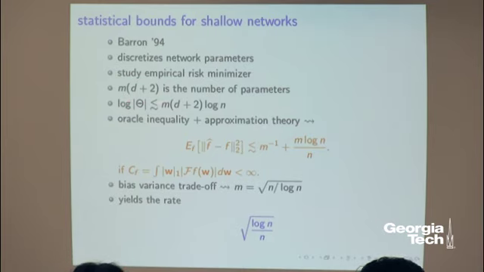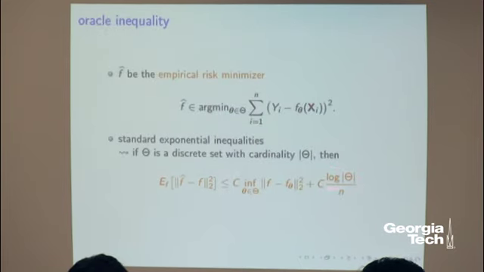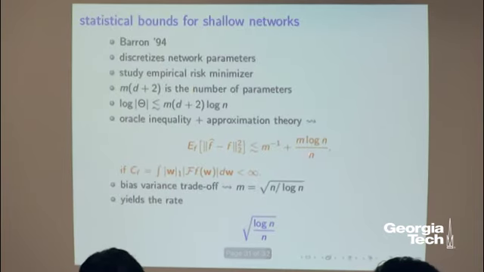Here I take d to be fixed, and then if we use this formula from before, we stick in this upper bound for the log of the cardinality, and then we get an m log n divided by n, and the 1 over m comes from the approximation rate, right?